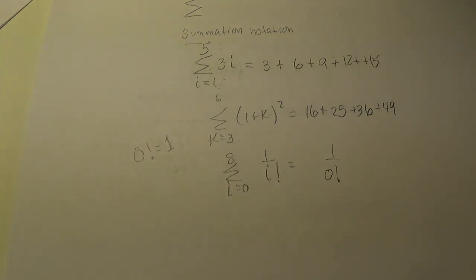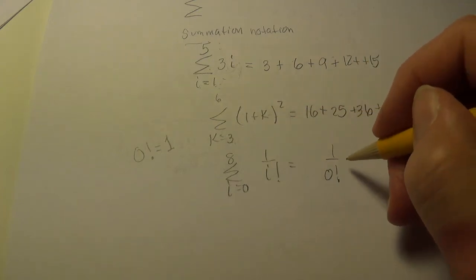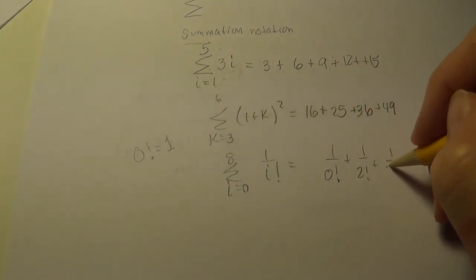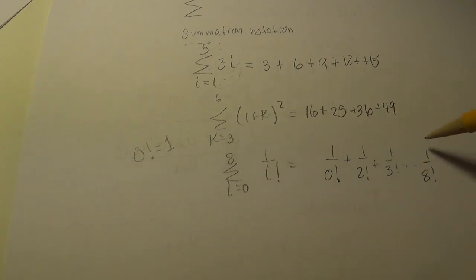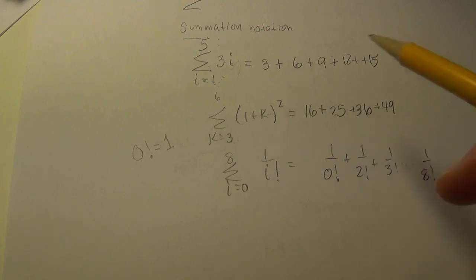So we just have to accept that. And now this increments to 2, 1 over 2 factorial, plus 1 over 3 factorial, all the way up to 1 over 8 factorial. So by the time we get up to 8 factorial, it's a very small fraction. Alright, I'm not going to calculate that all out, but we might have to on an assignment.